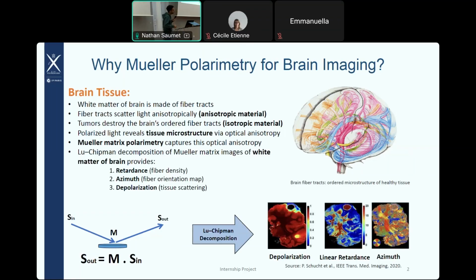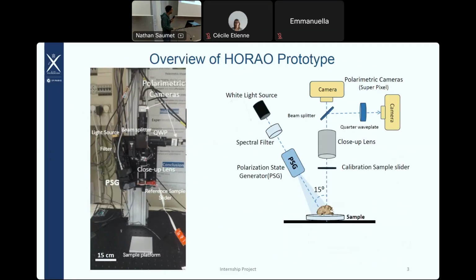And now I can clearly say to the surgeon where the tumor is. It is very clear because tumors are not an anisotropic medium and they are very distinguishable from the healthy brain cells.